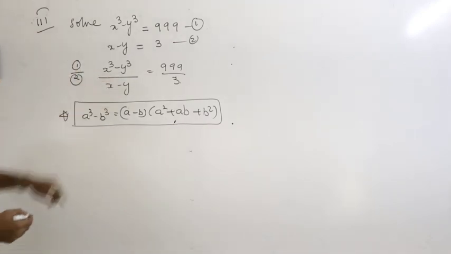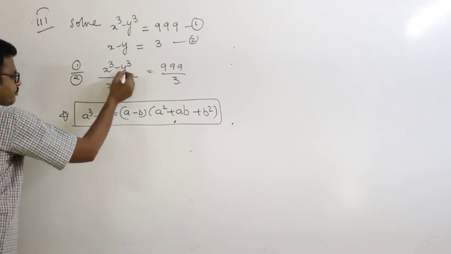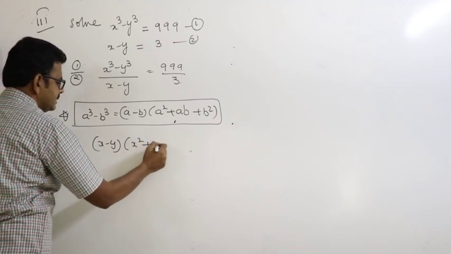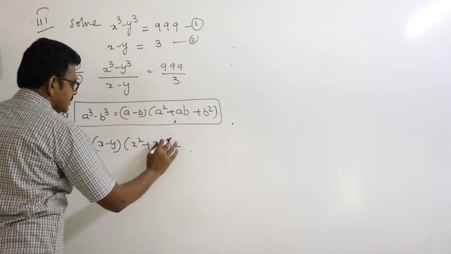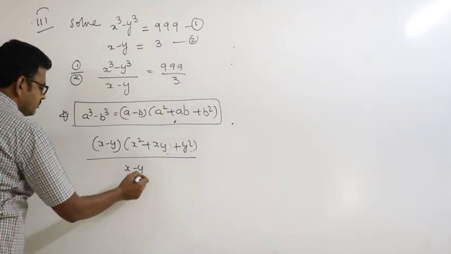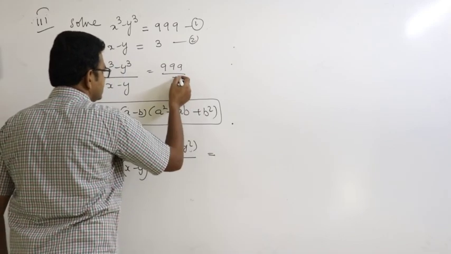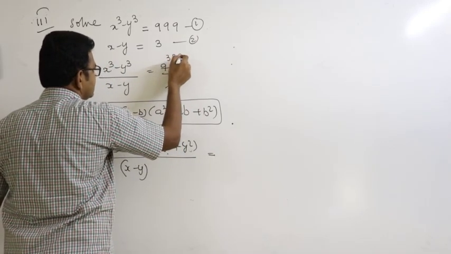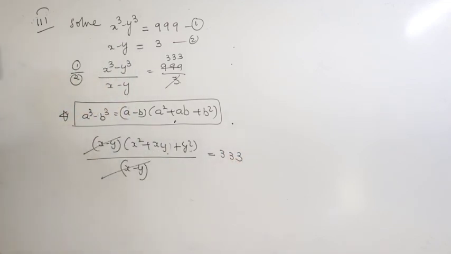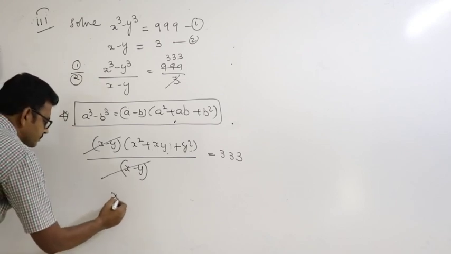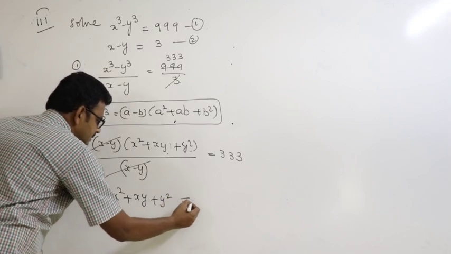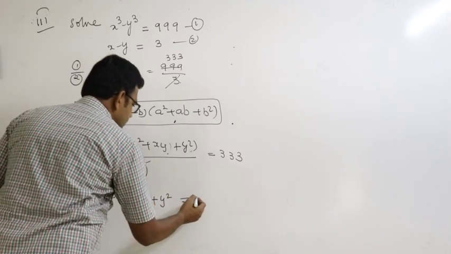Now x cube minus y cube is x minus y into x square plus xy plus y square, by x minus y is equal to 333. So these two get cancelled. So x square plus xy plus y square is equal to 333.